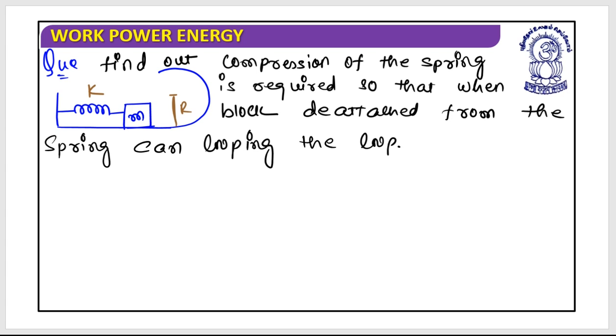In reality the situation is something like this. These two have not been connected, that means they are not going to be attached. What we are supposed to do is compress the spring over here with the help of the block. When I compress this and release it, I need to find the compression of the spring so that this block loops the loop.